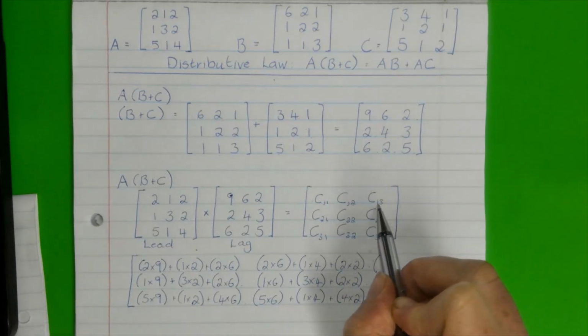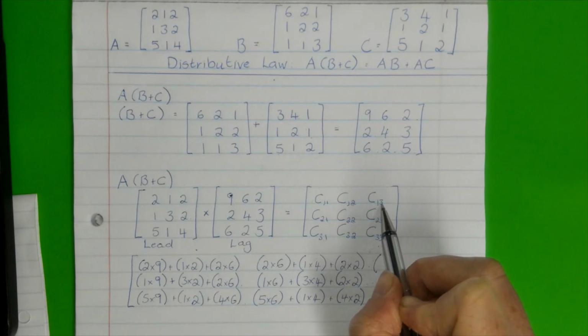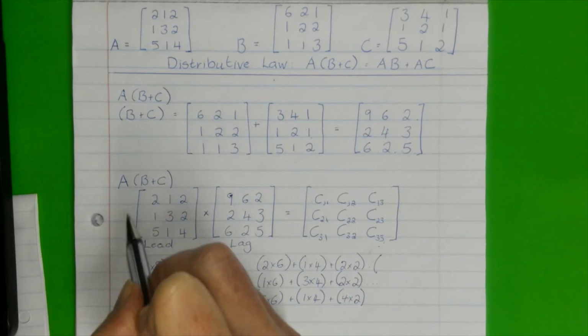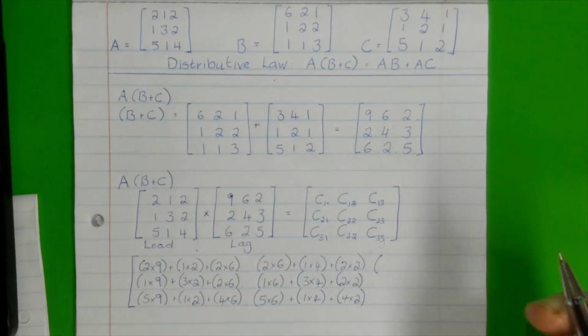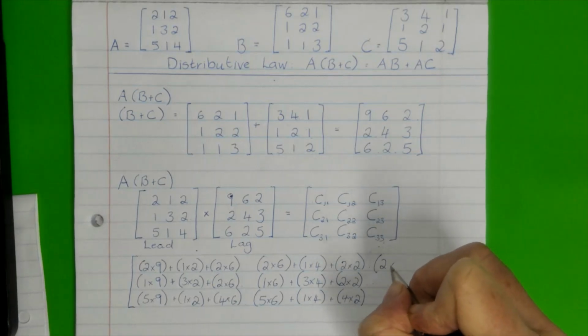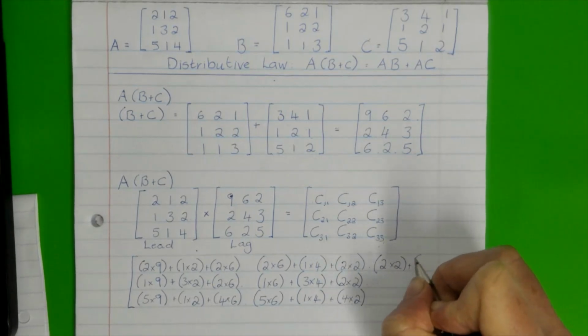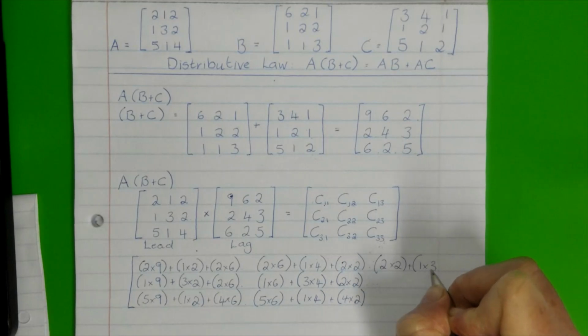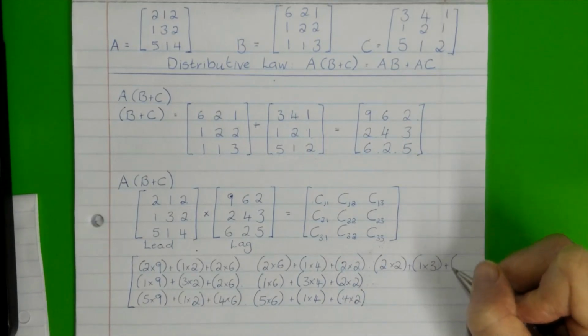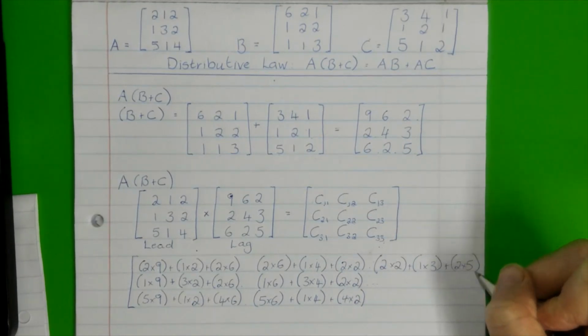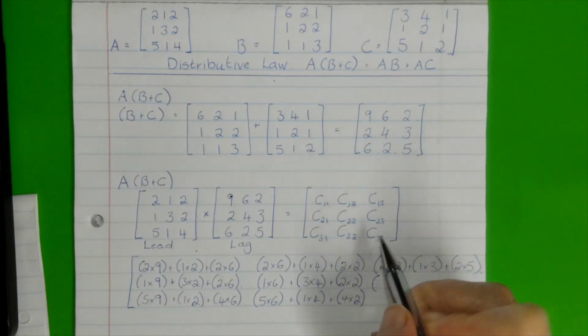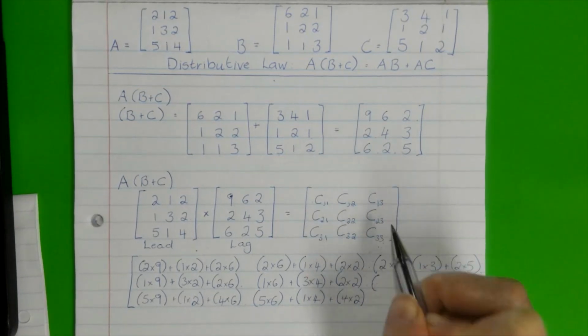First row, lead matrix, third column, lag matrix. First row, third column. Second row, third column.